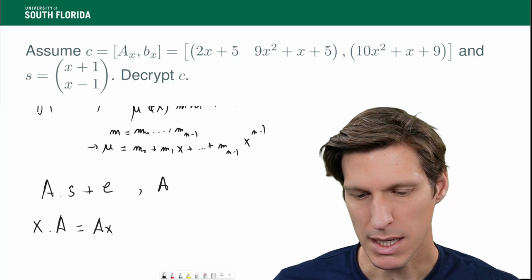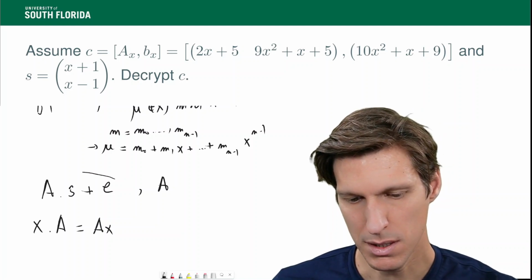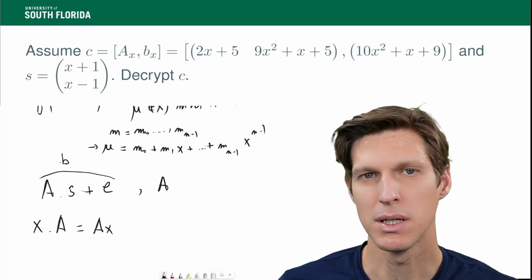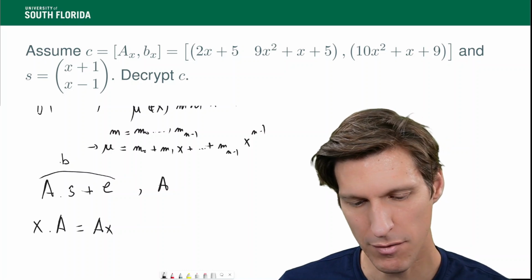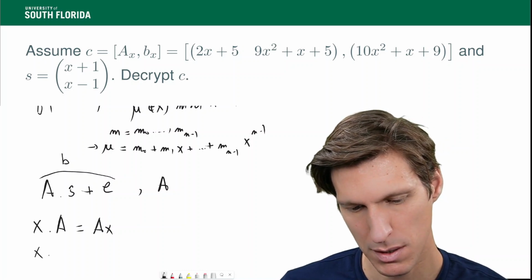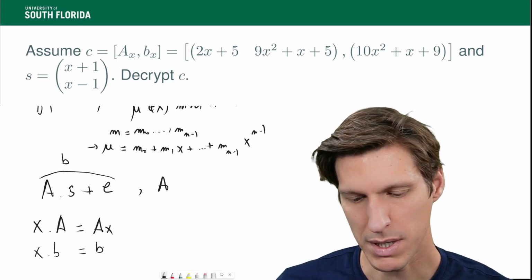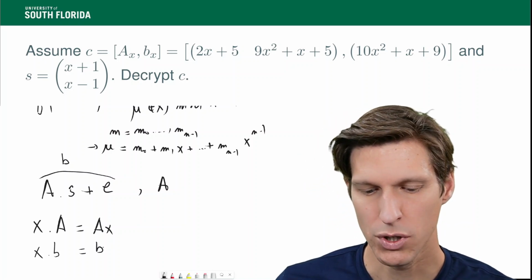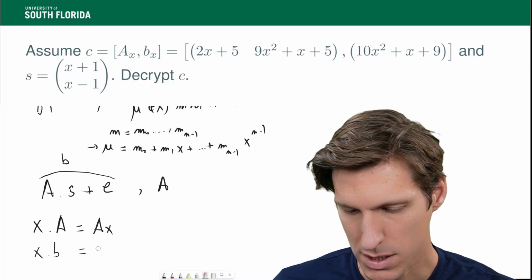And then if this is B, usually it's called B in the general LWE framework, and I do x times B, I can call that BX, but you'll see we're going to add the message to it.